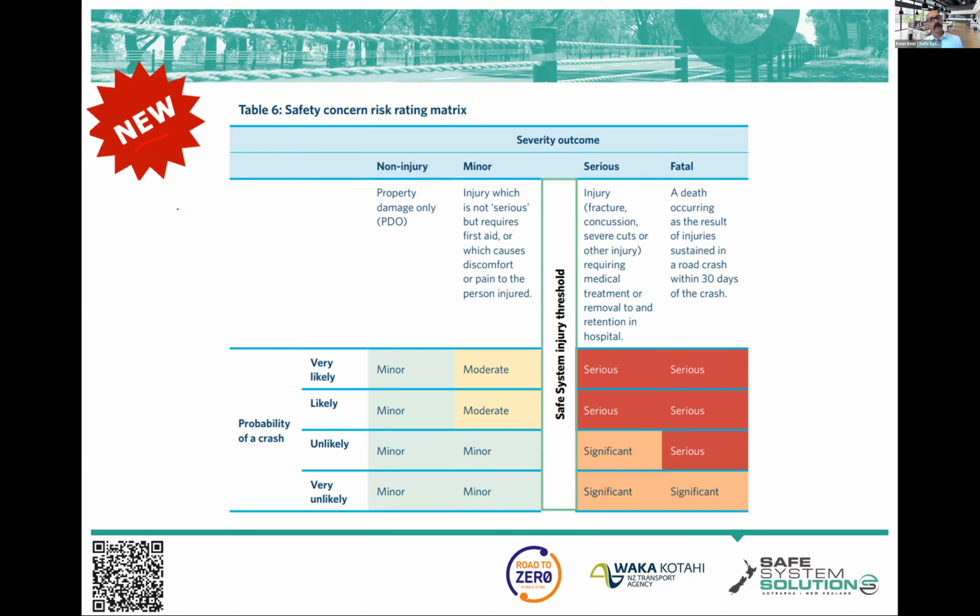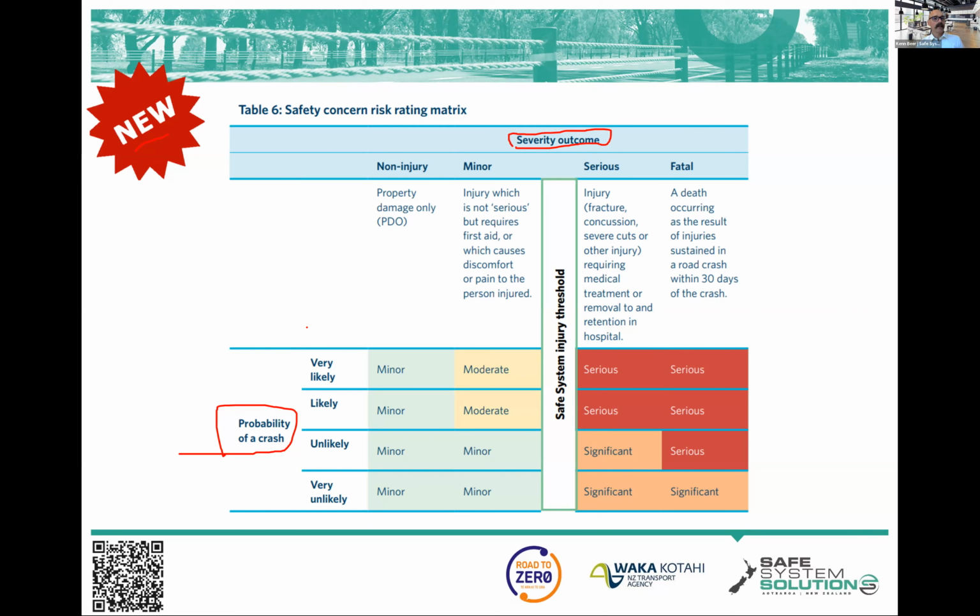And this is an interesting one. This is, again, another one that there's a bit of controversy about, but it looks at the chance of the crash and the severity of outcome.